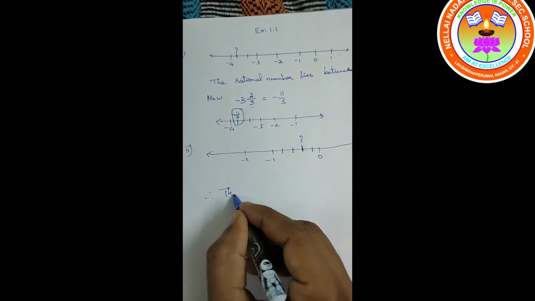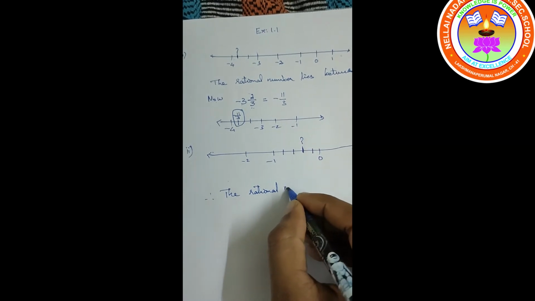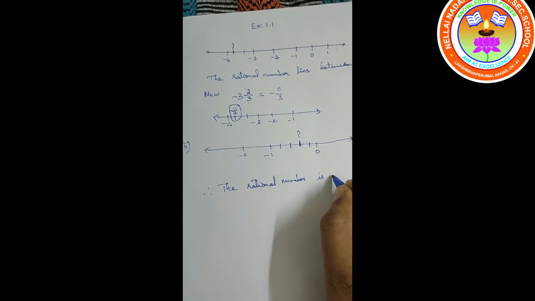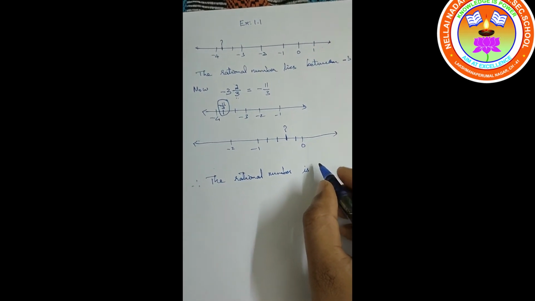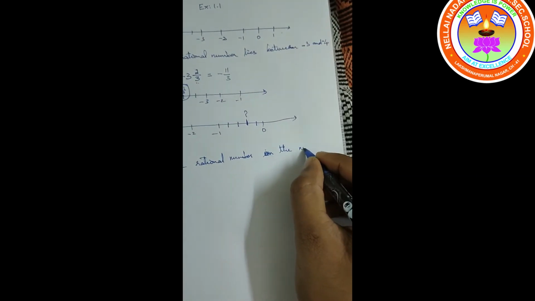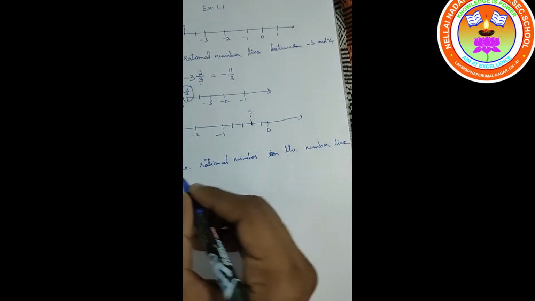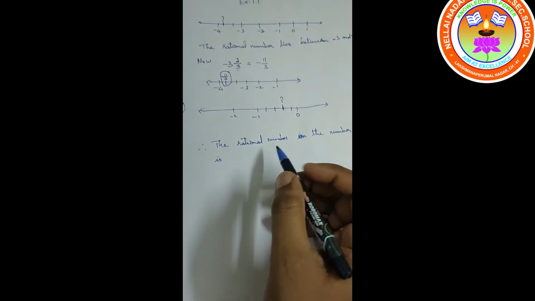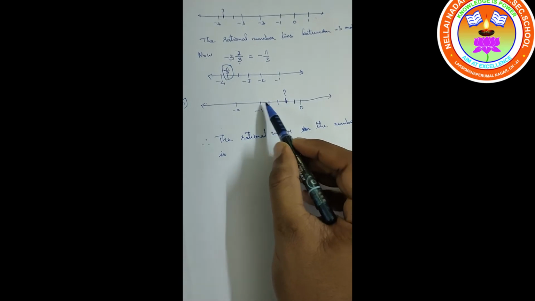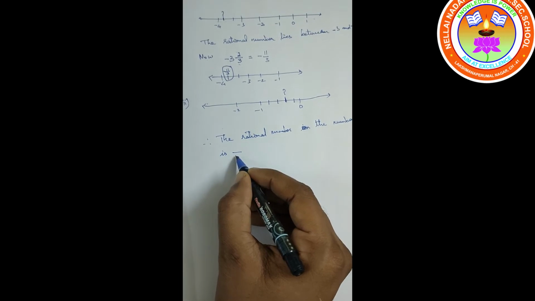Therefore the rational number on the number line: first you count how many equal parts there are. 1, 2, 3, 4, 5. This you should write in the denominator, 5.